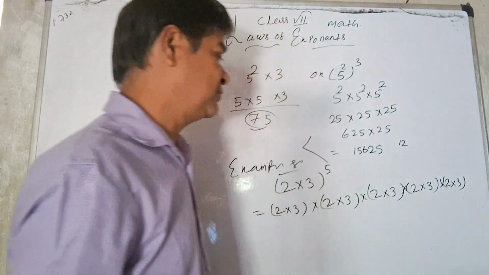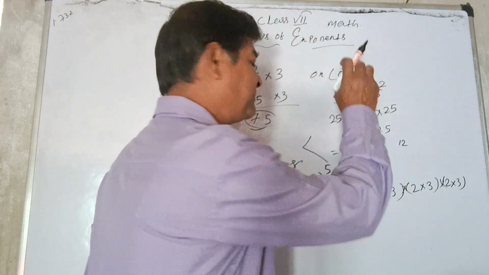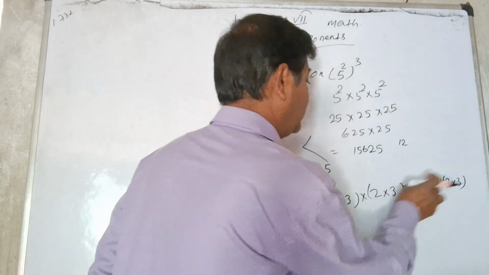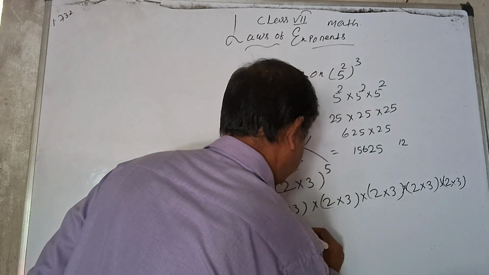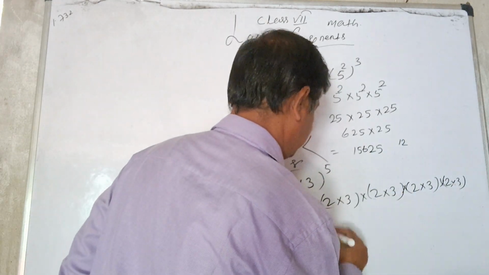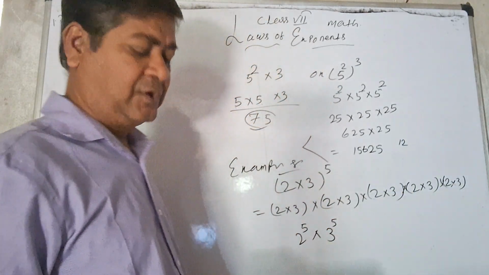We should write (2 into 3) to the power 5. How many 2s are there? 1, 2, 3, 4, 5. 2 to the power 5 into 3 to the power 5 is your answer.